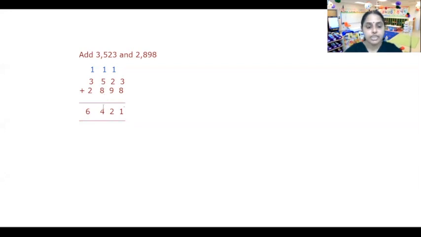So in 14, the ones place we write here and the tens place will be carried forward. So 1 plus 3 is 4. 4 plus 2 is 6. So the answer is 6,421. Is that clear?